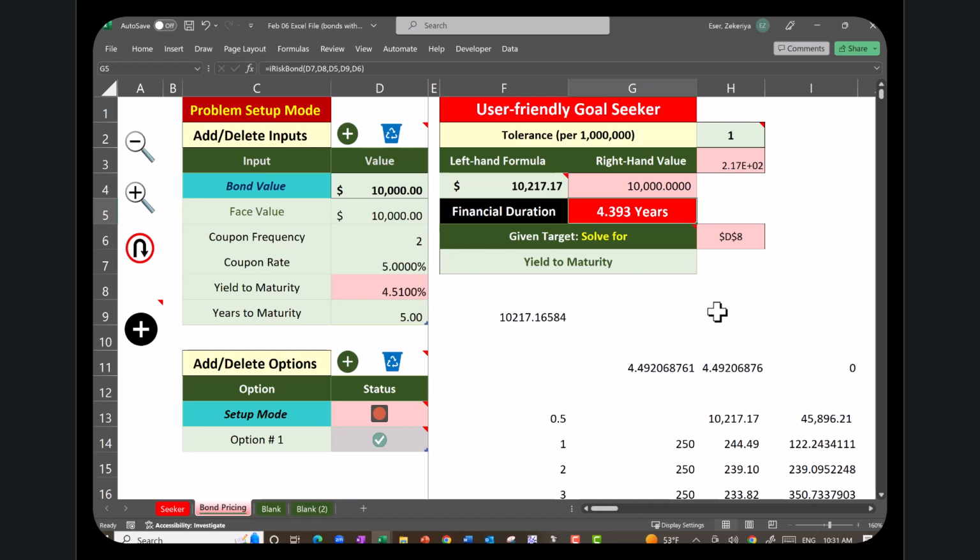The percentage change in the value of the bond is going to be that number times that tiny amount, okay? So I'm going to actually change that to, again, an approximation. Financial duration is exact only for infinitesimally small numbers, but for a lot of purposes, it's good enough.